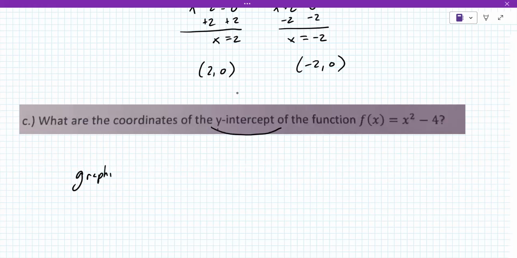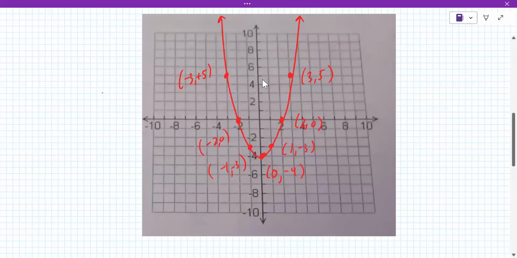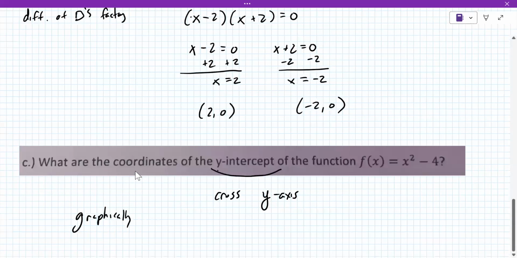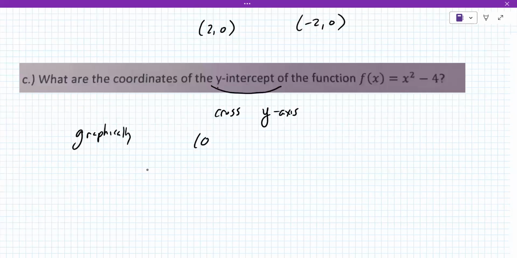We can literally go and look and see where it crosses the y-axis, the vertical one. So we go back up to our graph and look, where does it cross the vertical axis? (0, -4). And it wants a coordinate again, so it's got to be a coordinate. That's just looking at the graph.